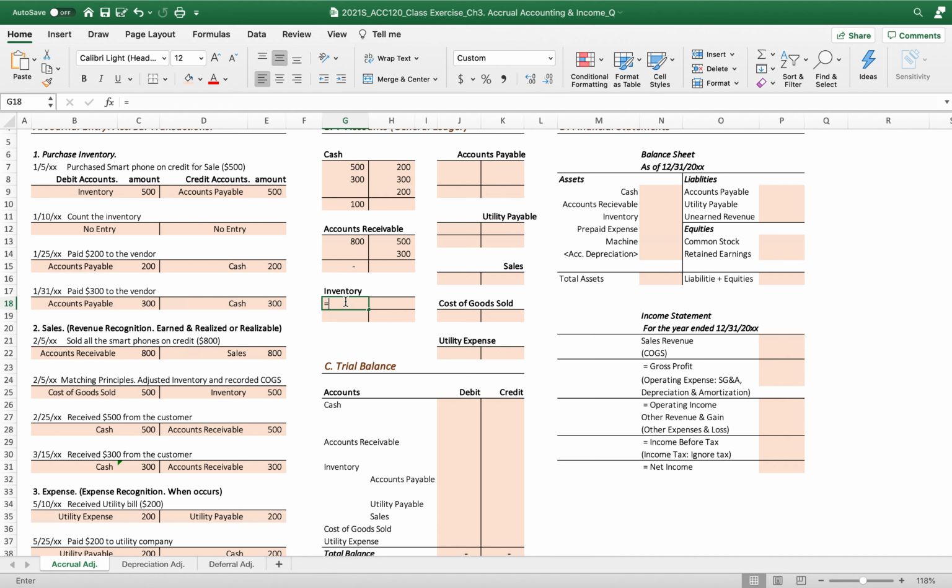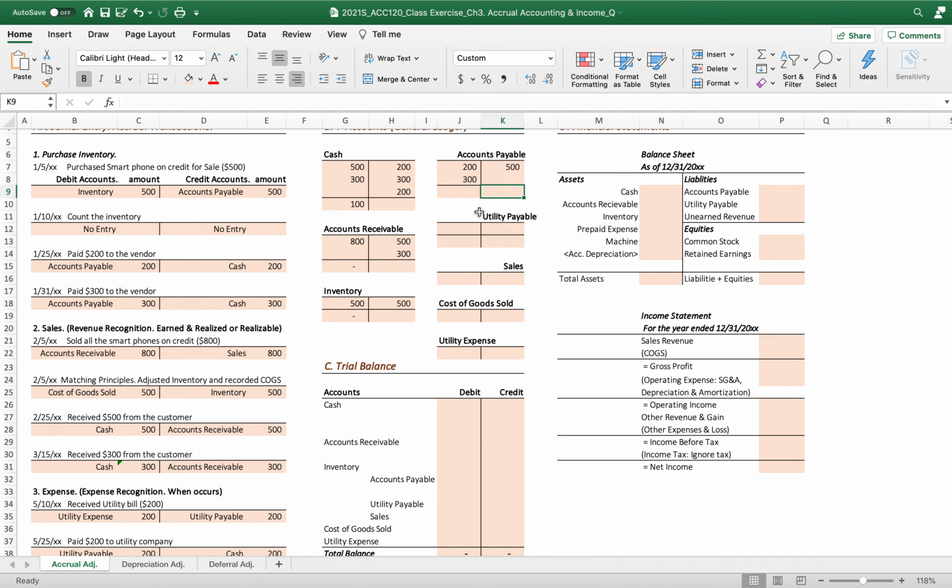And then inventory. The company purchased this inventory and paid out, and the company now sold all the inventory. So there's no inventory at all. So the inventory value on the balance sheet should be 0. How about accounts payable? Accounts payable 500 on the credit because it is a liability, and then on the debit side, 200 and 300.